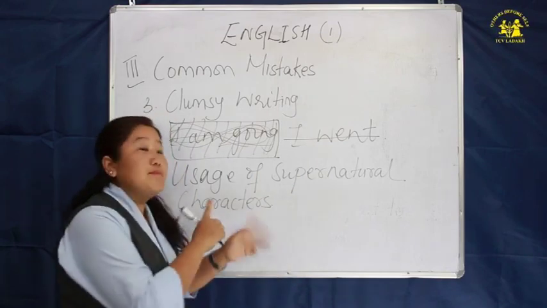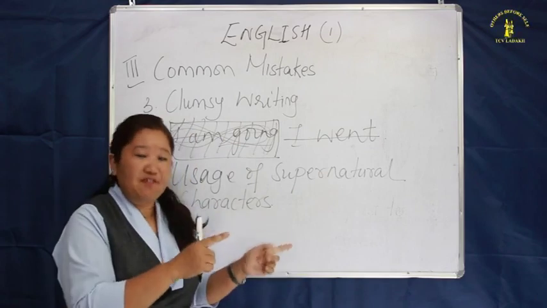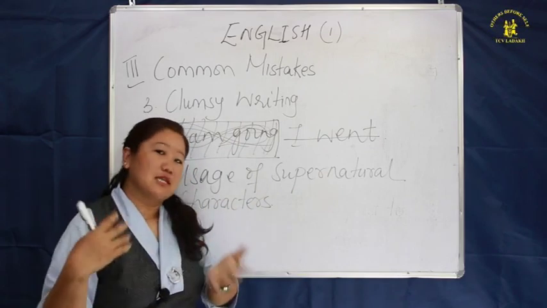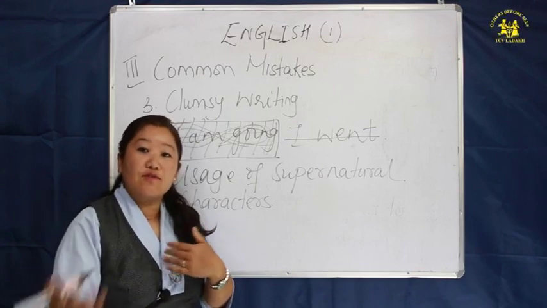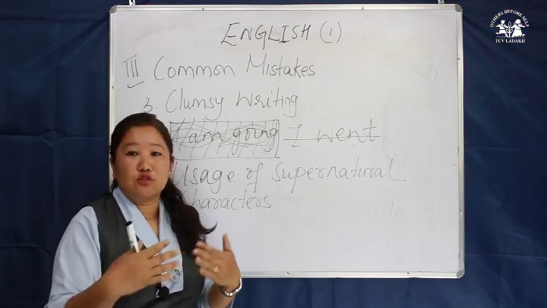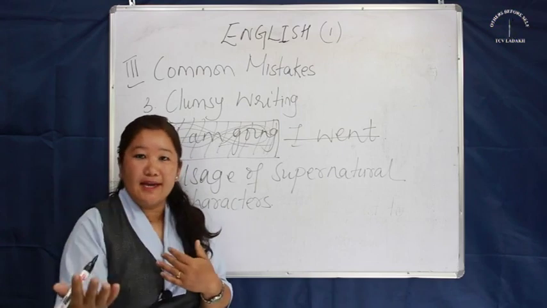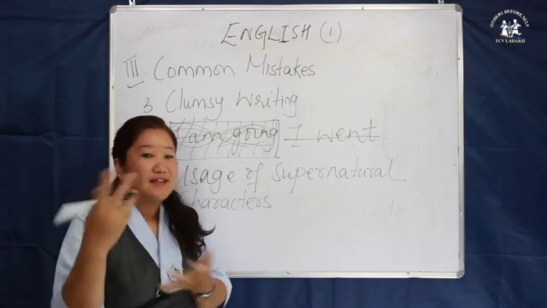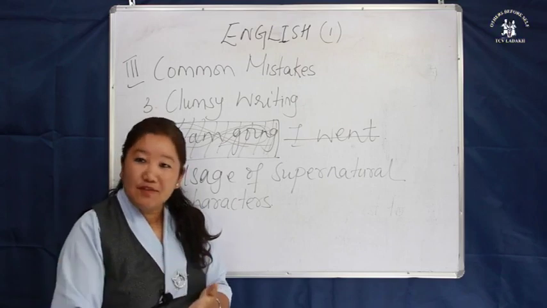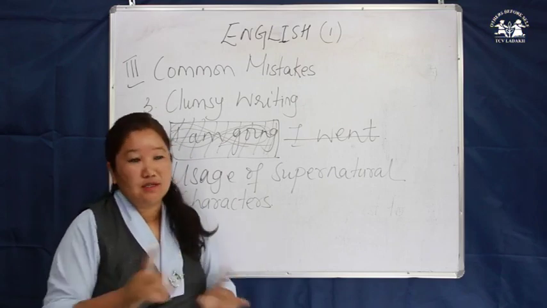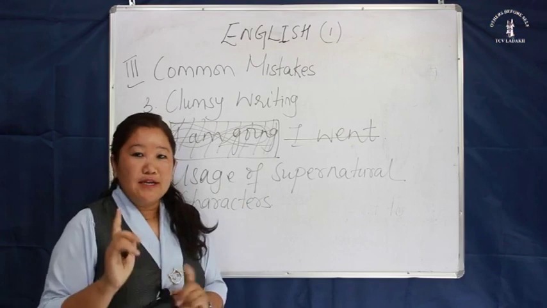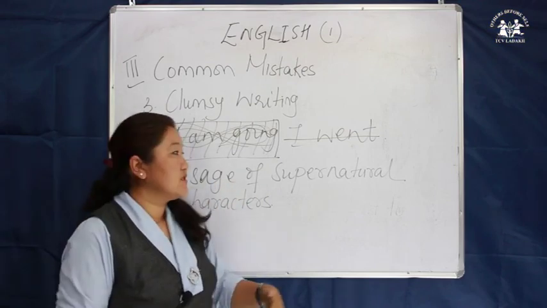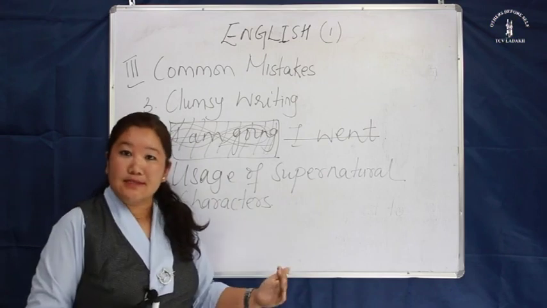I'm not completely against this, but definitely your story should be something related to our normal life. When you are able to write a story which is relatable to our life, then you are able to connect to your examiner. And when you connect to your examiner, definitely you're going to get the perfect marks, 10 out of 10. And that's why I suggest not to use supernatural characters, okay?